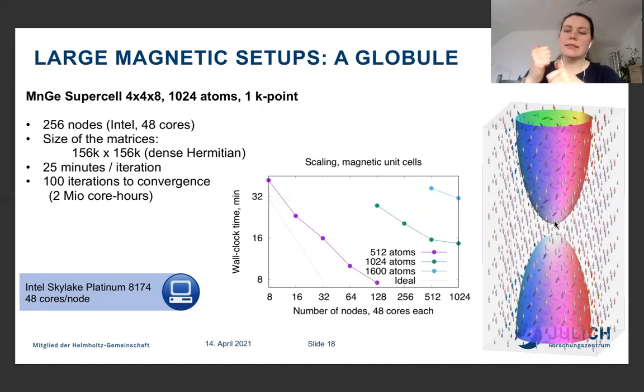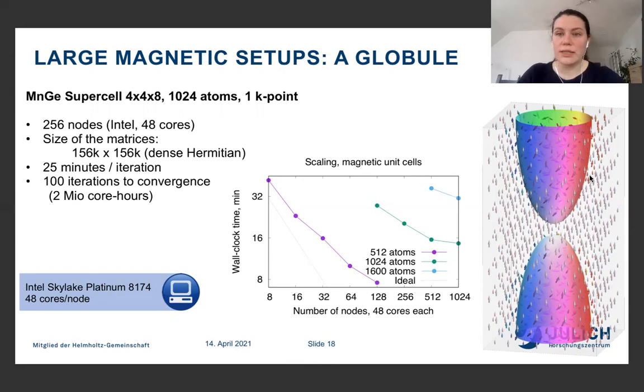And the existence of such points shows you that the continuum model cannot explain the physics here. It's a singularity, so it does not provide you information on what exactly happens here. So that is the reason why it's very interesting to be able to simulate such a system with a DFT code.